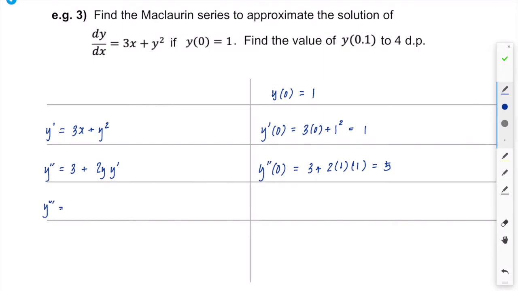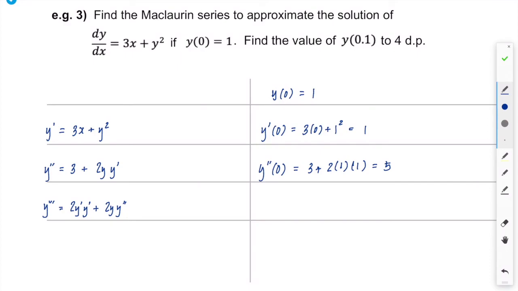Y triple prime is 0 plus, now I have 2y times y prime. This is still a product, right? Because it's a product of 2y and y prime. I still need to use the product rule and also apply implicit differentiation very, very carefully. So first, the derivative of 2y is 2y prime, times y prime, plus 2y stays. I need the derivative of y prime, which is y double prime.